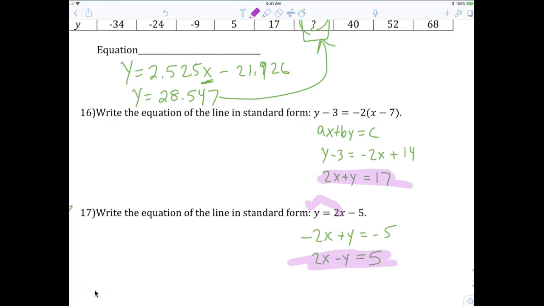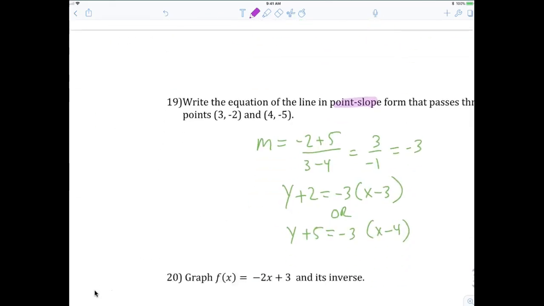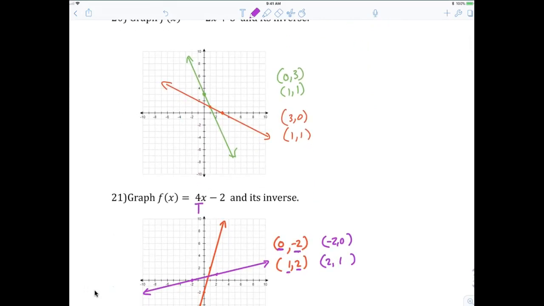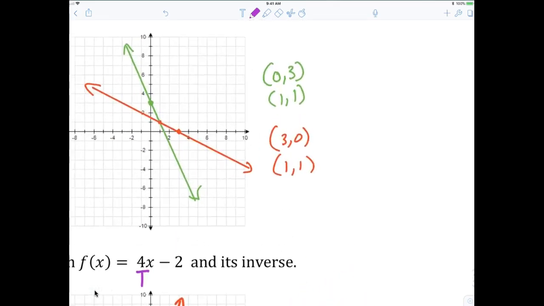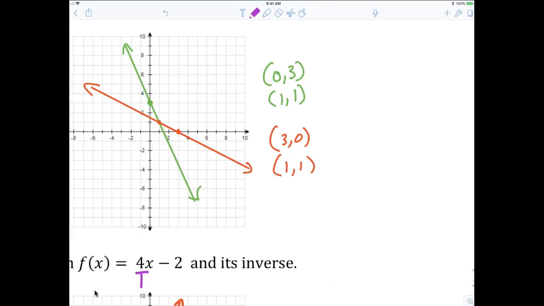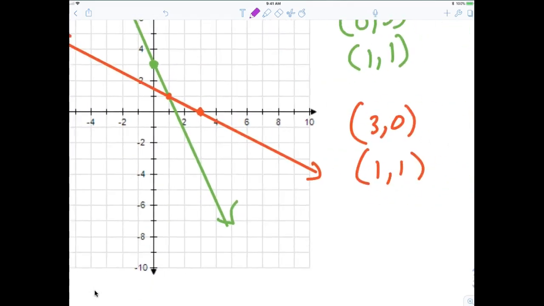Walker, what? Okay, thank you. 20 and check. Ask me. No, I did not get that. Please do. Well, the points on the graph are 0, 3, and 1, 1. Do you agree with that? The graph.